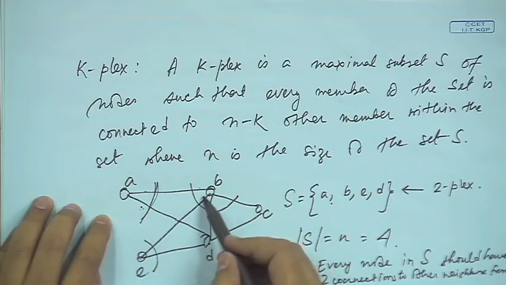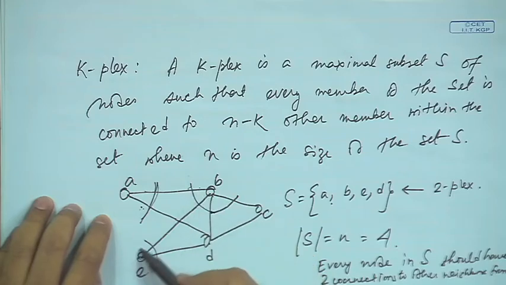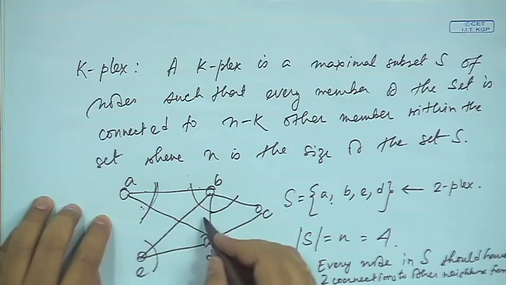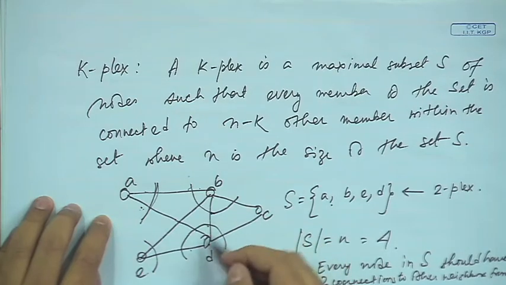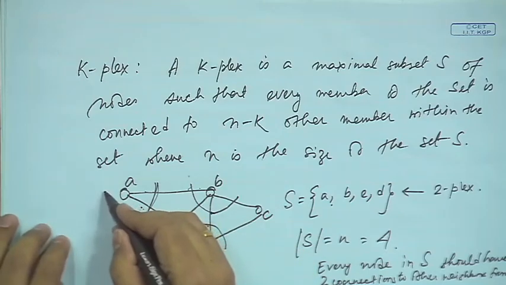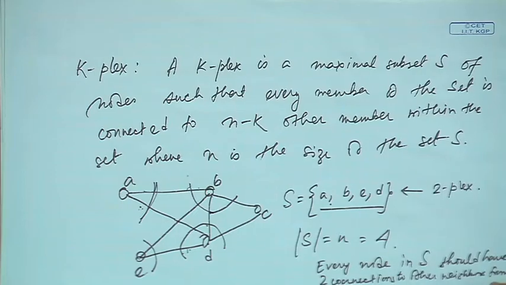So, it is more than 2. Similarly, E has 2 connections to other members within the set. D again has 1, 2, 3, 4 connections going out. However, at least 3 among them are to members within the set S. So, basically this particular set A, B, E, D correctly qualifies as a 2-plex.